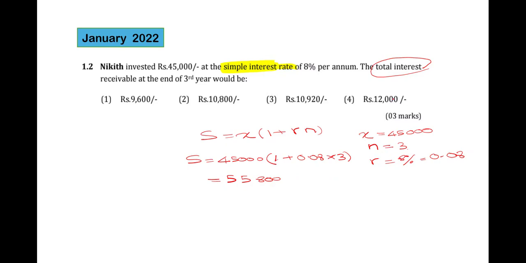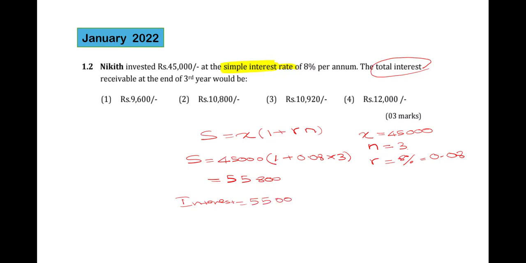But the question asks not for the total amount, but the total interest. Here we want to find the interest only. How to get the interest? We invested 45,000. Our total earning is 55,800. Then what is the interest? We can find that.